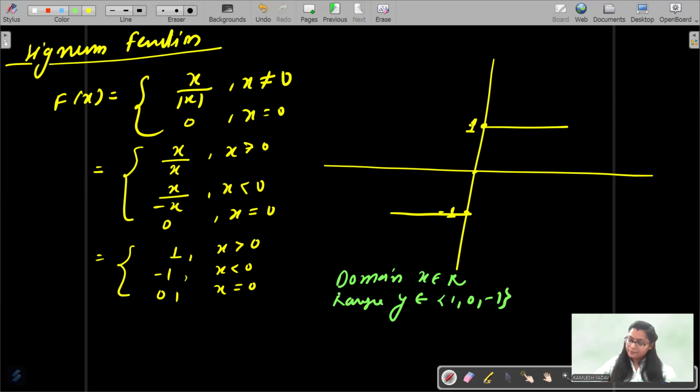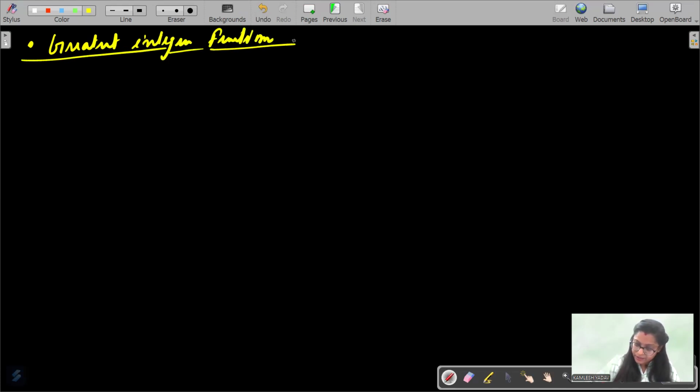Now the next one is the greatest integer function. Okay, so in this function, it can be written in this form. This is a closed interval, but here the value of x is the nearest or smallest value of x.